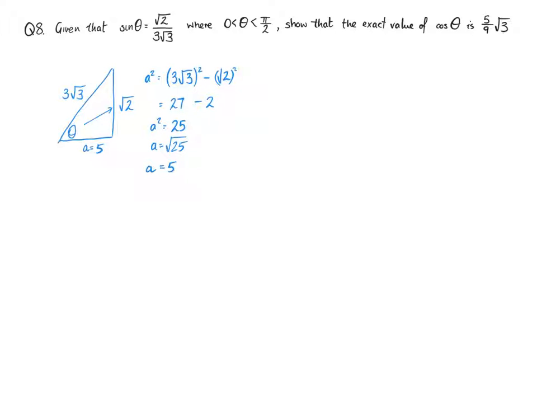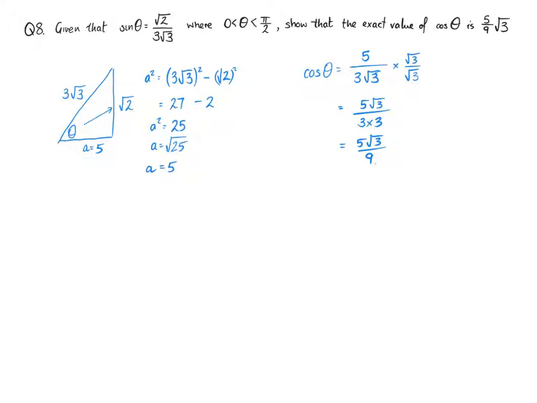So therefore, cos of that angle is adjacent, which is 5 over 3 root 3. But we've got an irrational denominator, so we need to multiply by root 3 over root 3. On the top we get 5 root 3, and on the bottom we get 3 times 3, because root 3 times root 3 is 3. So we get 5 root 3 over 9.